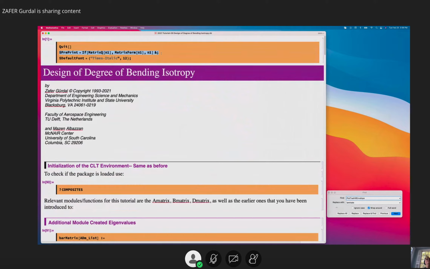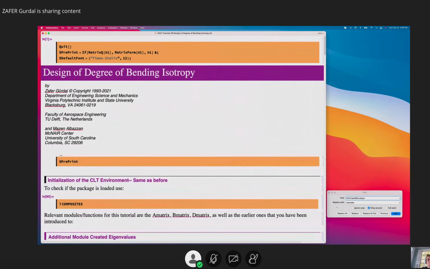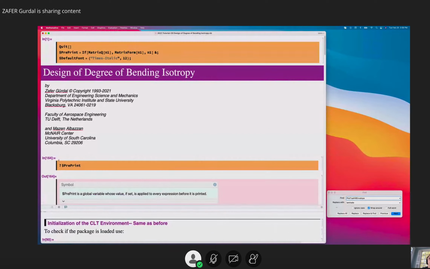If you do this, it used to print anything that's a matrix in matrix form. But let me check what happened to this $preprint. $preprint is a global variable whose value, if set, is applied to every expression before it is printed. So it is supposed to be working.